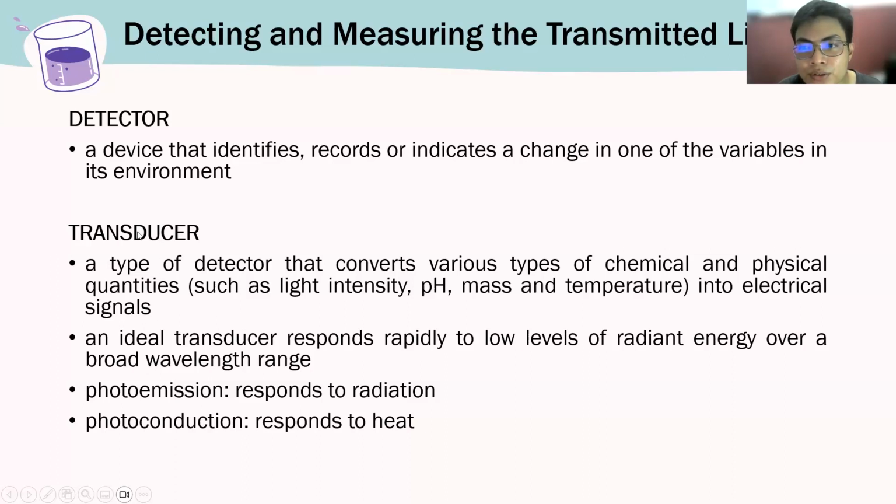So in a transducer, lahat ng signals na convert into electrical signal. Okay? And yung ginagamit nga dito sa UV-based spectroscopy, tinatawag natin phototransducer, wherein the light is converted into electrical signal, following the principle of the photoelectric effect discovered by Einstein.